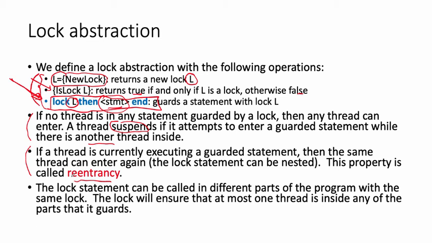Well, then it's allowed to enter again, because it's considered already inside. This may seem a very strange property, but it is extremely important when you build data abstractions using locks. So all practical locks will have this property called reentrancy or thread reentrancy.